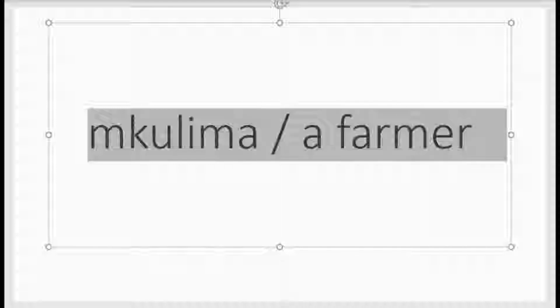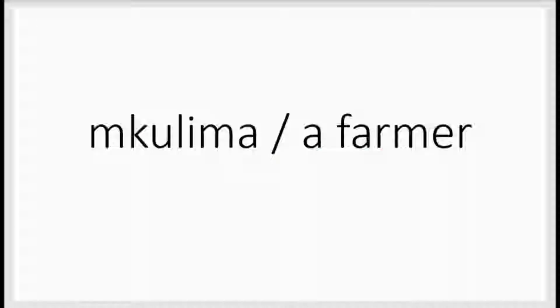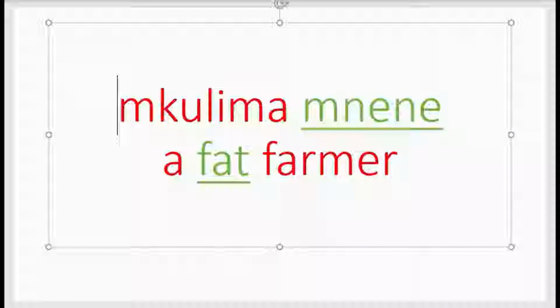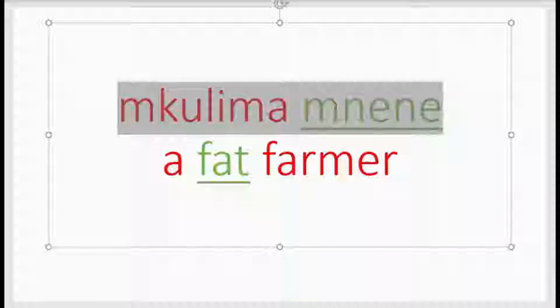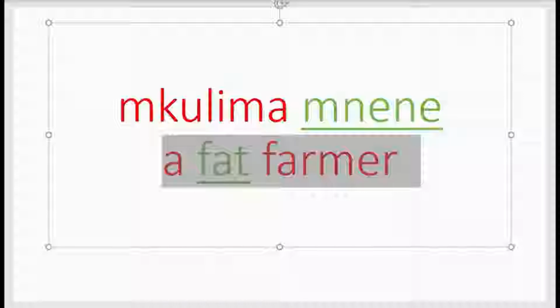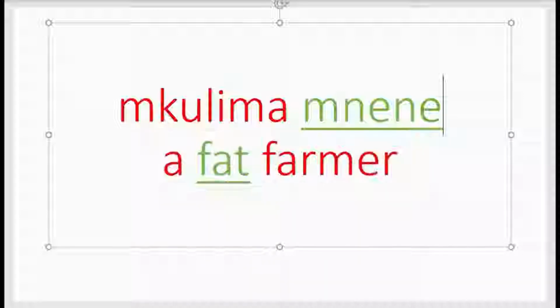Now when we have a sentence that says mkulima mnene, a fat farmer, mnene is what we call an adjective. Mnene, fat. It tells us something about the farmer.